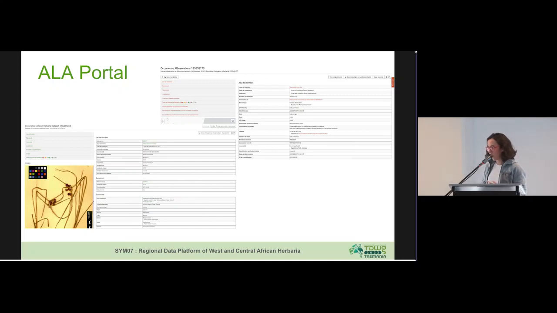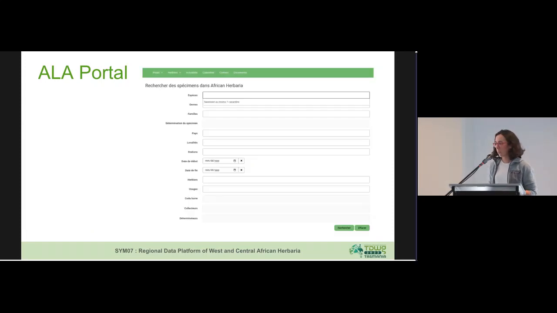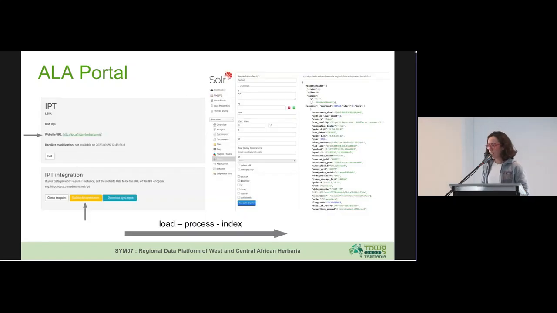We have also customized data detail pages to create links between this portal and some public web pages from the RIA platform, such as the photo of a specimen. We added an advanced search to filter data by countries, but also by species and all the fields you can see. And we set up the native connection to the IPT to retrieve our data.